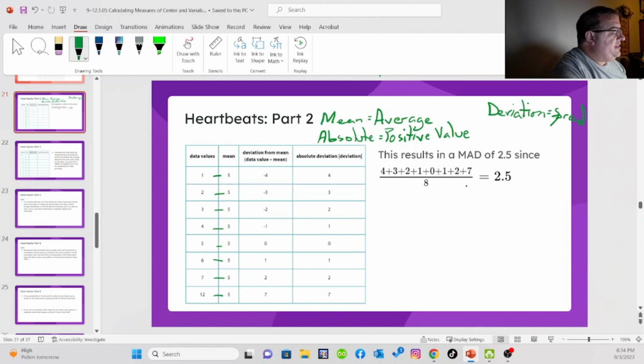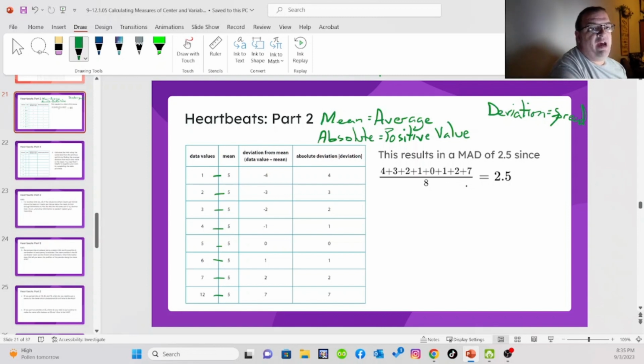And that is how they get the numbers in the third column. 1 minus 5 is negative 4, 2 minus 5 is negative 3, 3 minus 5 is negative 2, and so on. The fourth column is our absolute deviation.